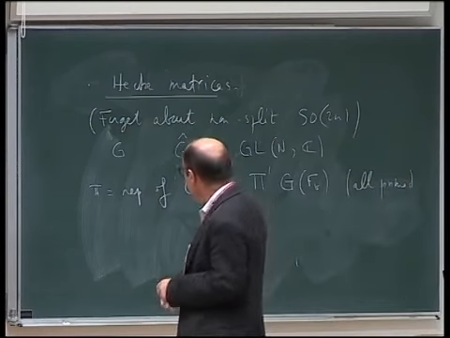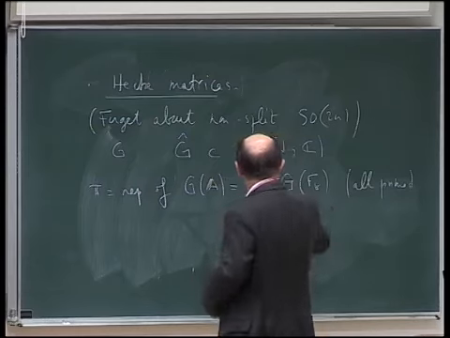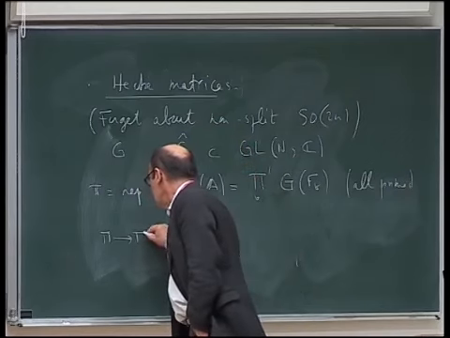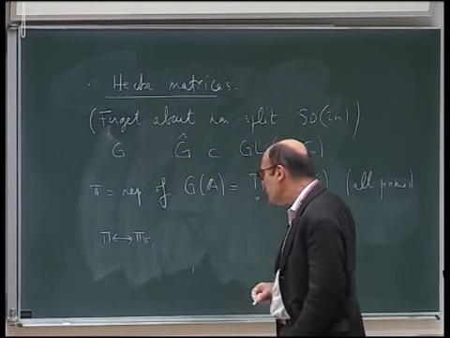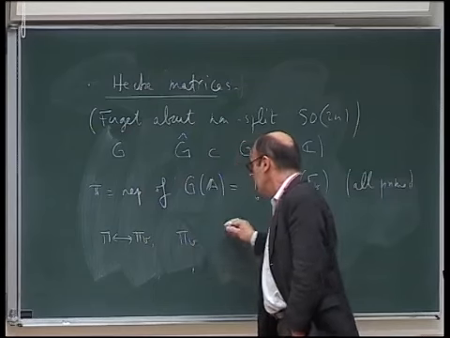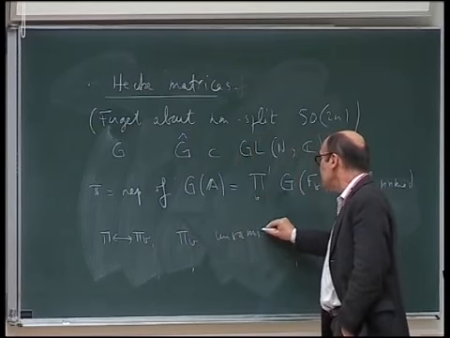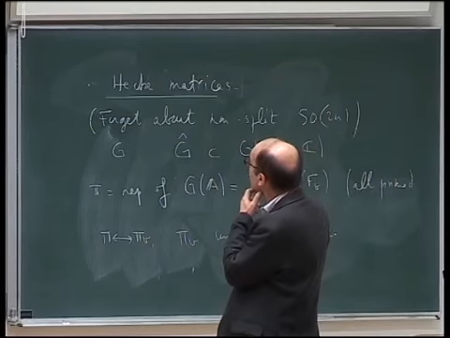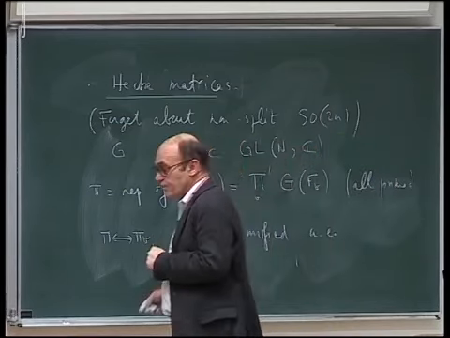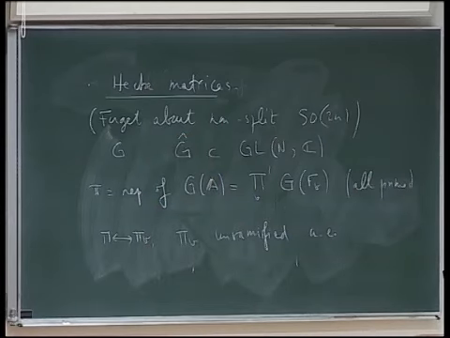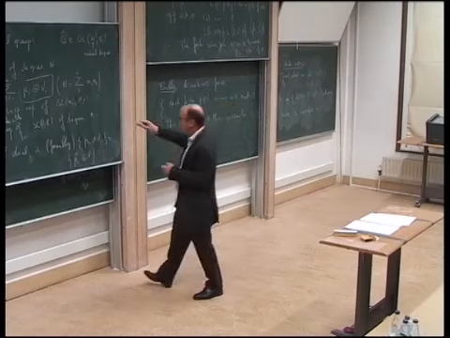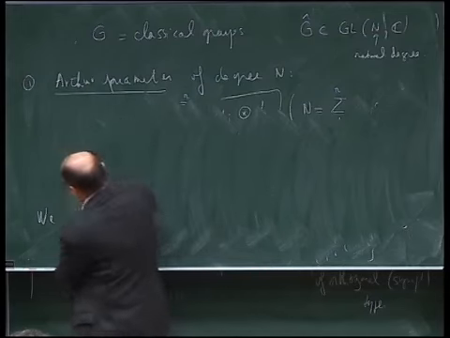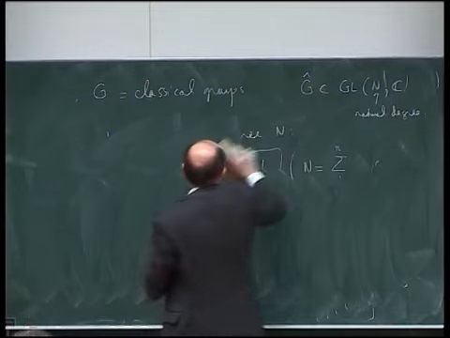So representation pi is determined by its local factors. And pi_v will be unramified almost everywhere in a natural sense. And the theory of Satake actually in this situation associates to it a matrix in the dual group. So if pi_v is unramified, we have associated to it a matrix in the dual group.